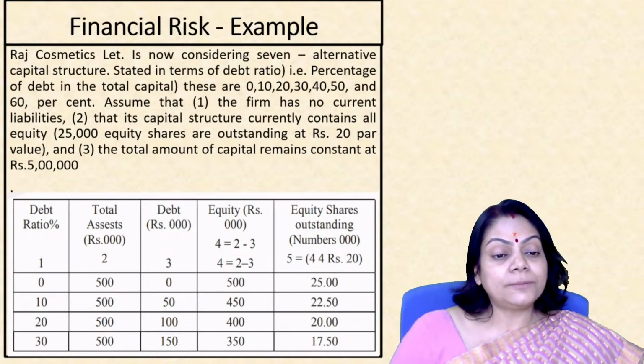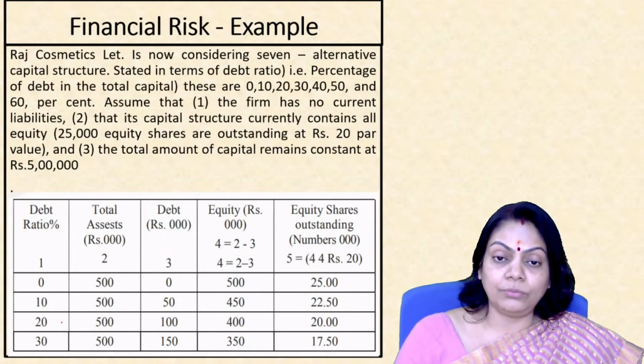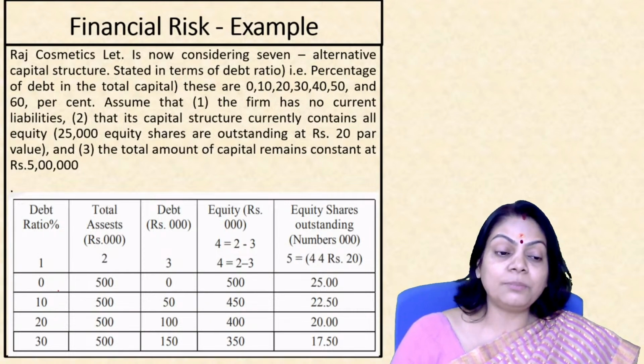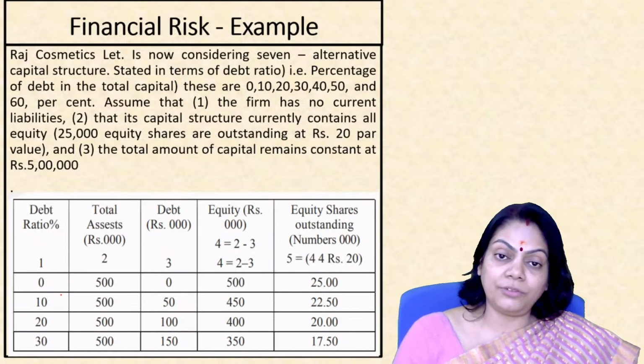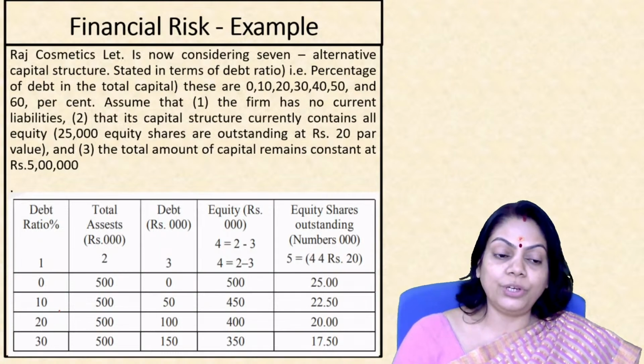Here you see I have mentioned the debt ratios, from 0 to 60. I mentioned 7 plans, but here I'm showing you 4. You can calculate the remaining 3 for yourself. So 0, 10, 20, 30. 40, 50 and 60 I'm not showing you here.